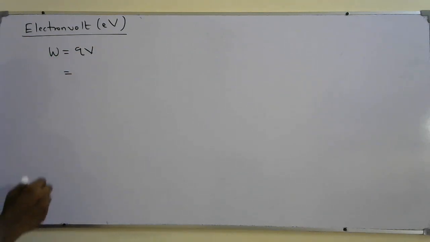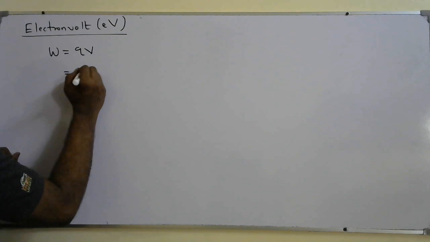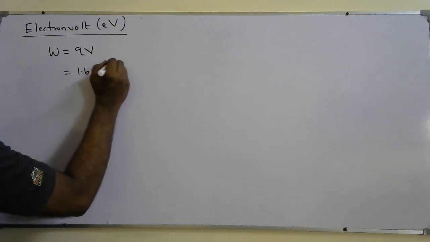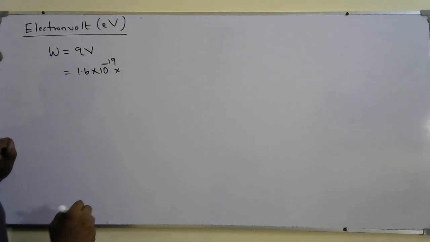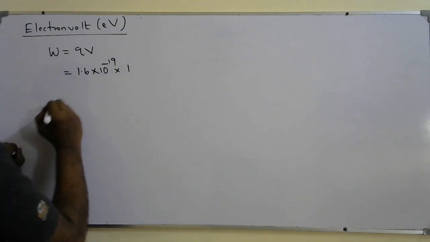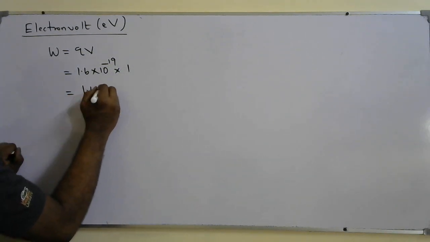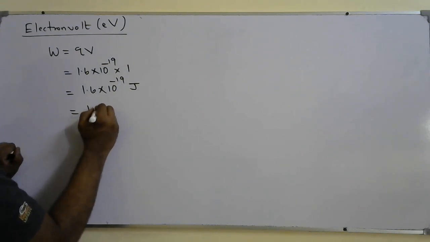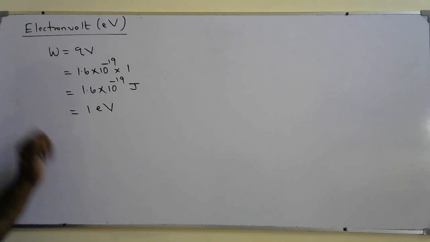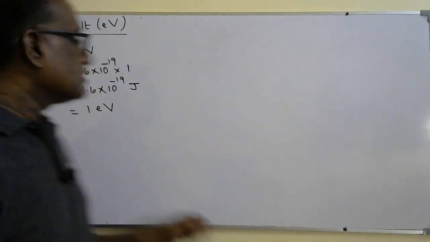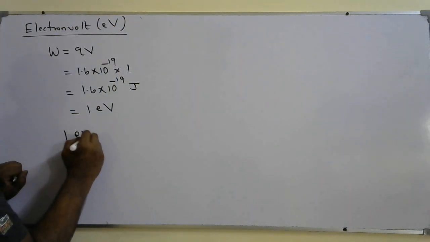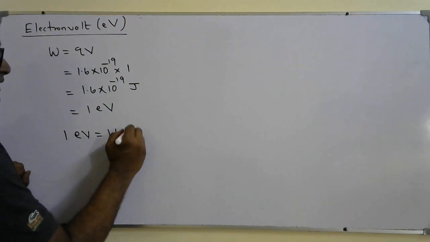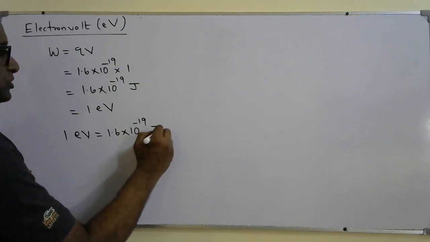We are moving an electron, so the charge of the electron is 1.6 into 10 to the power minus 19. We are moving it through 1 volt potential difference, so that is going to be 1.6 into 10 to the power minus 19 joule. This is defined as 1 electron volt. That's given in the data sheet. That means 1 electron volt equals 1.6 into 10 to the power minus 19 joule.